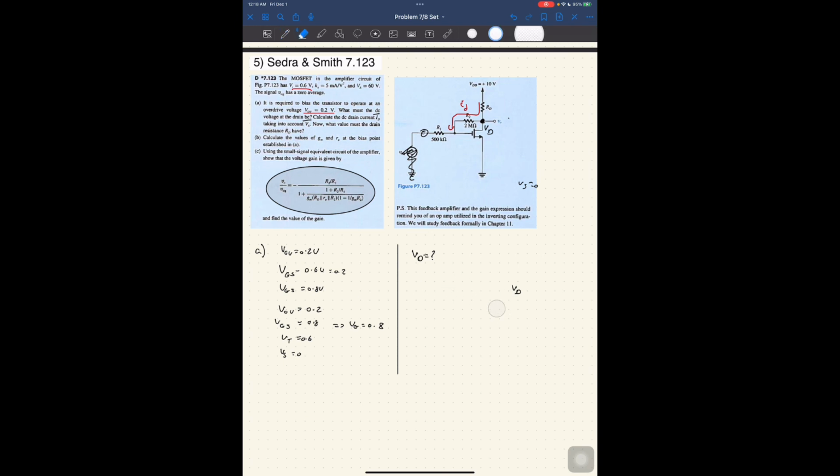No, you know what? Let me not do this. I will do nodal at this point here. And since I'm doing the large signal analysis, this becomes 0. So this is VG. So I'm saying VG minus 0 over R1, that is the current flowing this way, is equal to the current coming in this way, which is VD minus VG over R2.